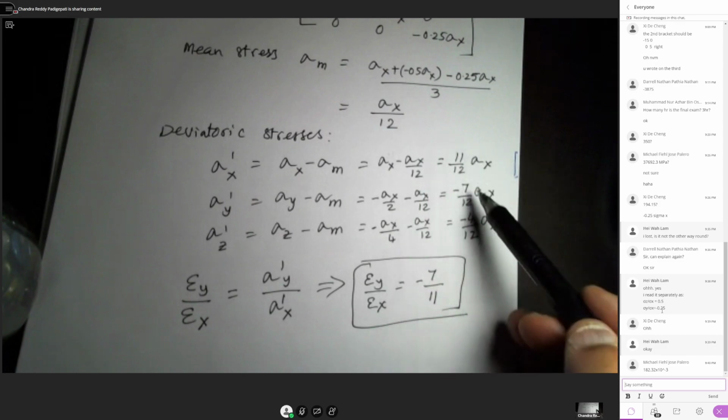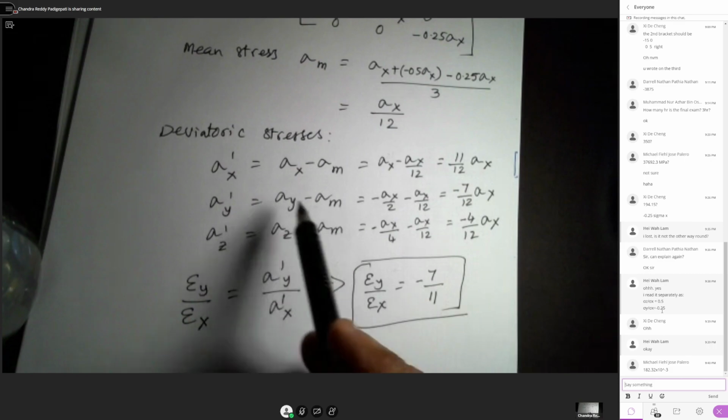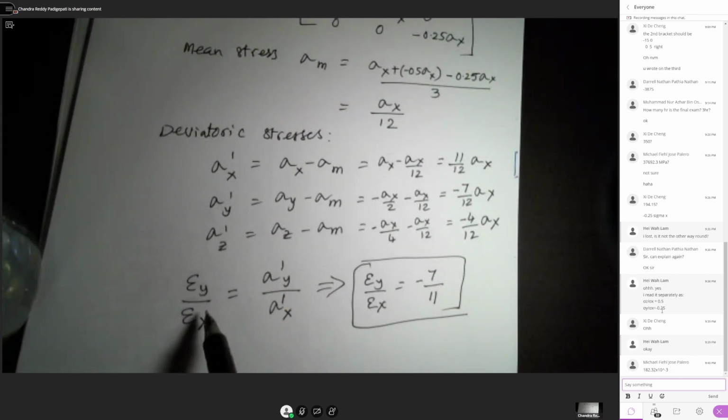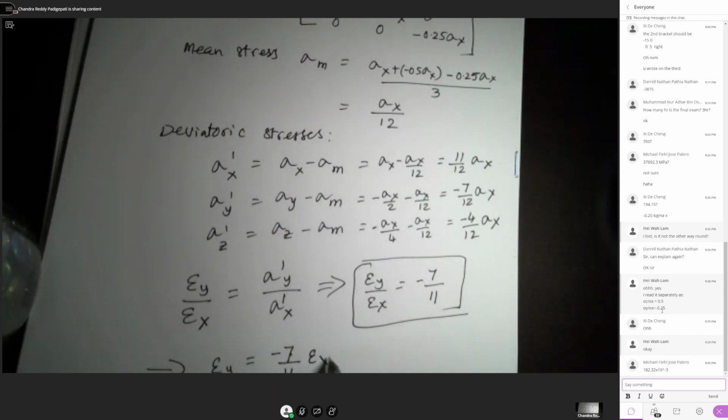So you are taking these two ratios. The deviatoric stress ratios are equivalent to the strain ratios. So from this you can write the strain along y will be negative 7 over 11 times strain along x.